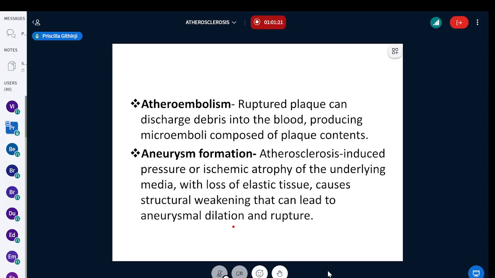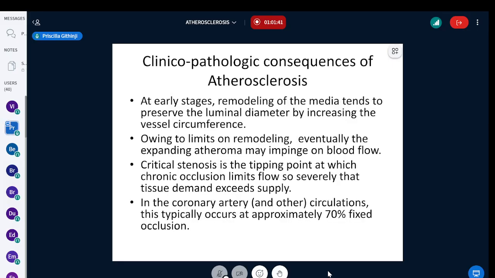So this cap is sitting on a blood vessel, so it can cause pressure occlusion, or you have this loss of blood supply to the rest of the blood vessel. This leads to weakening of the blood vessel, and this can lead to dilatation or rupture.